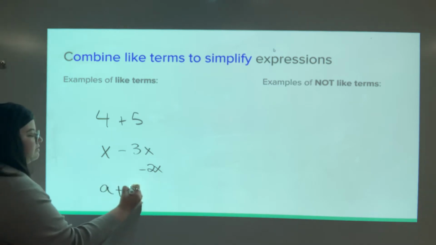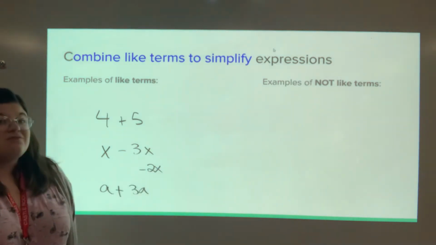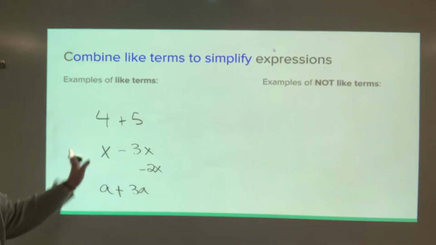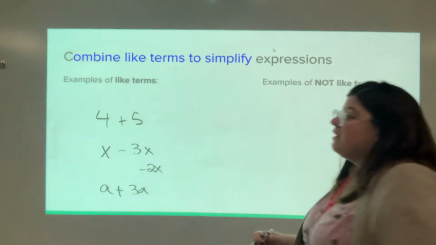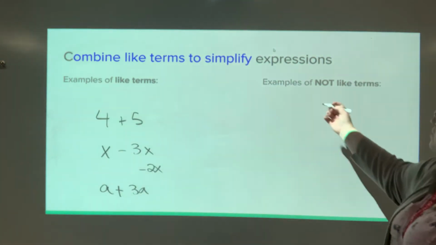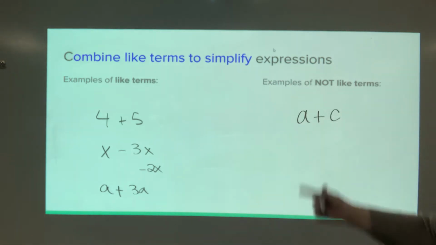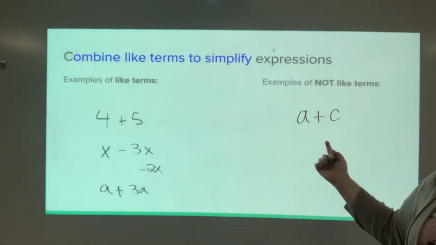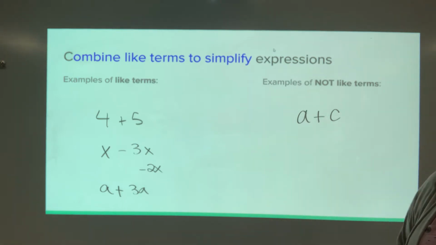A plus 3a, okay, you get the idea. Examples of not like terms, things that you can't just throw together, anything that has different variables. So like a plus c. They're not like terms. They're variables, but they're not the same variable. So you can't combine these, all right?